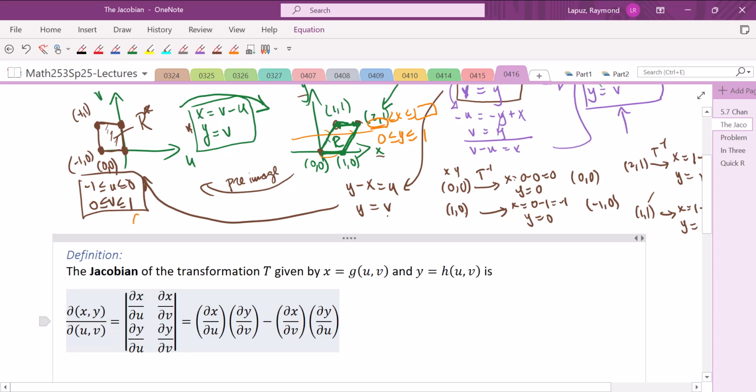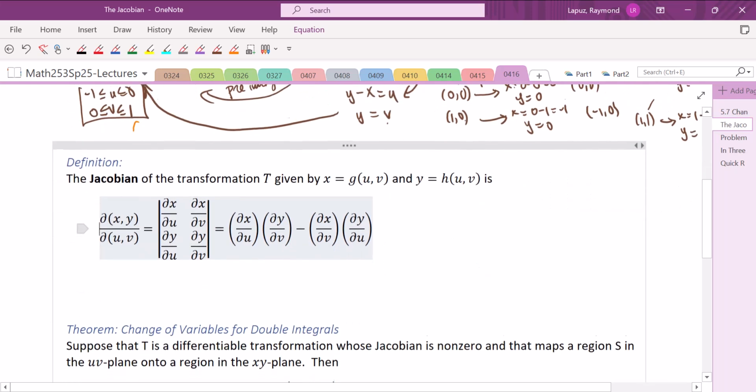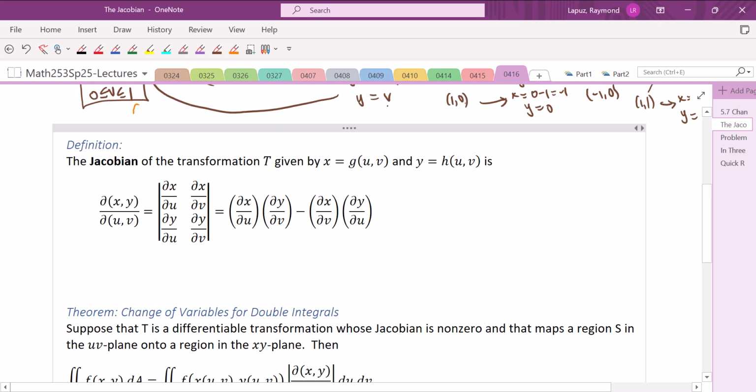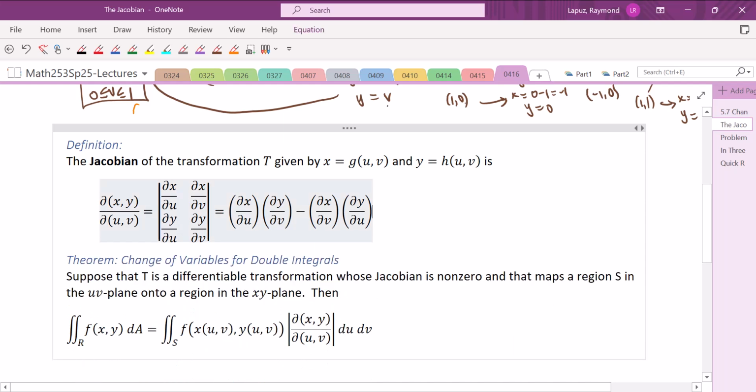So that determinant is going to give you your Jacobian.